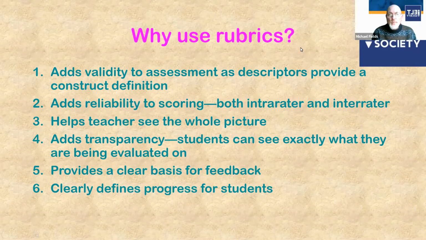Rubrics help teachers see the whole picture. That's something I'll talk about more later. But essentially, I might be a grammarian, and if I rate papers, I might focus on grammar and not worry too much if the essays are not well organized. Whereas Marla, I'm just going to pick on Marla here, might say, I don't care too much if their grammar is absolutely correct, but I really want to see good content and good organization.